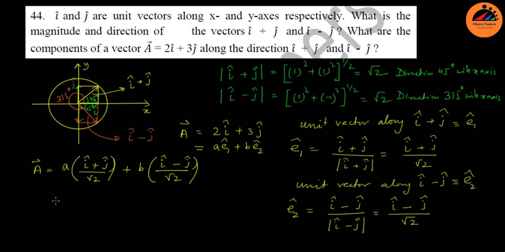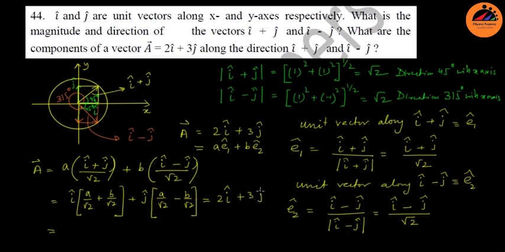Okay. So what is the coefficient of i cap? This is a by root 2 plus b by root 2, plus j cap times a by root 2 minus b by root 2. Now let's take an equation.